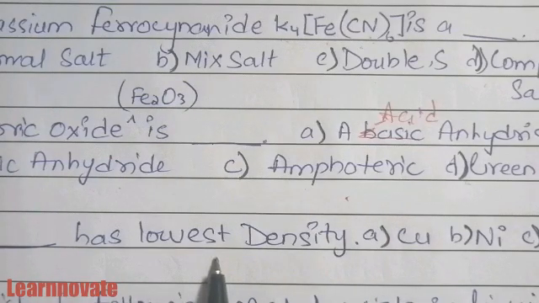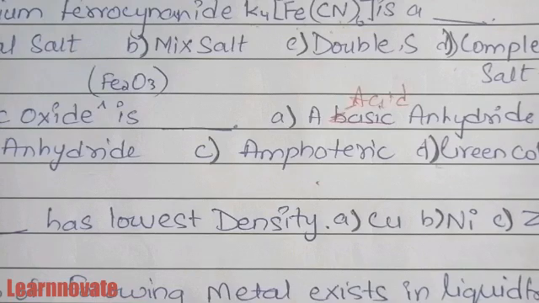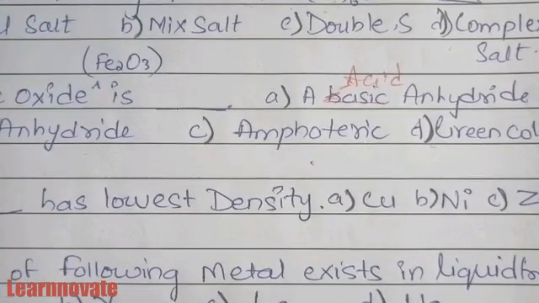Next question: which of the following has the lowest density, copper, nickel, or zinc? This is a density trend that you have to learn, and the answer for this question is zinc. That is, option C for question number 8 is correct. Now, question number 9: which of the following exists in liquid form?